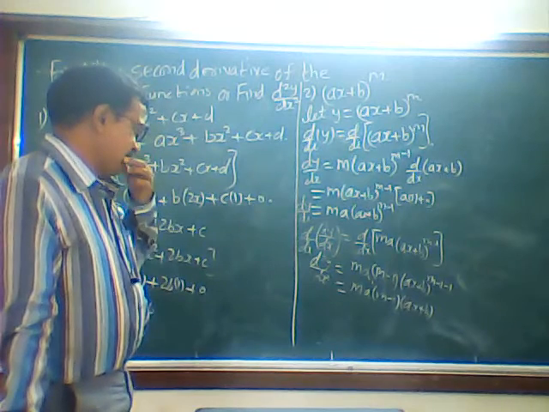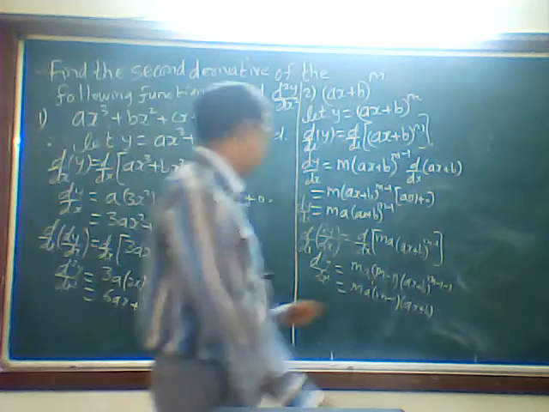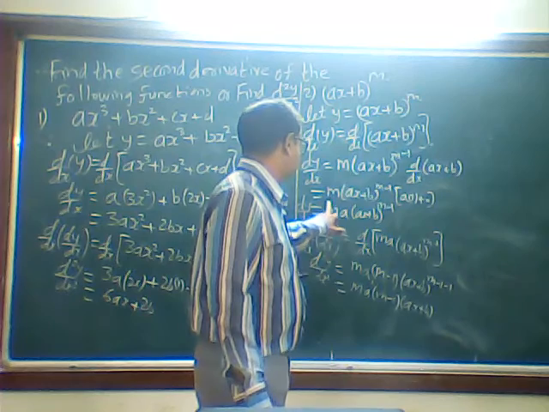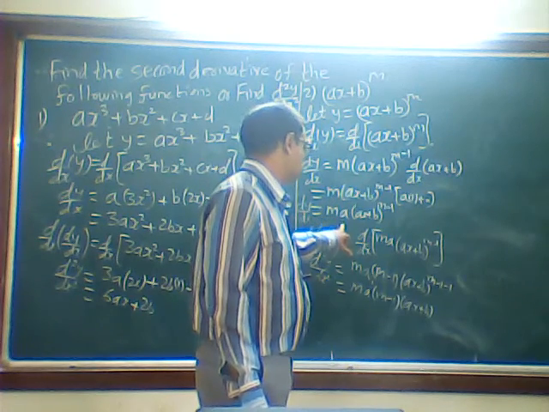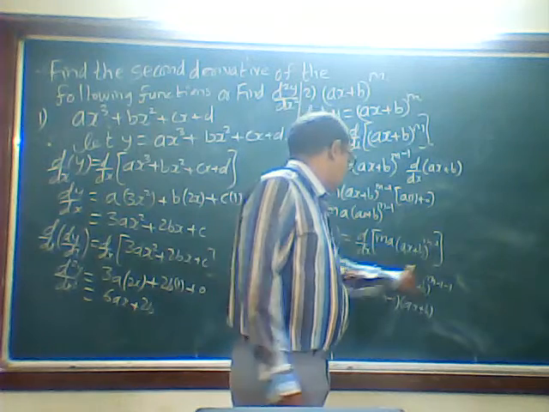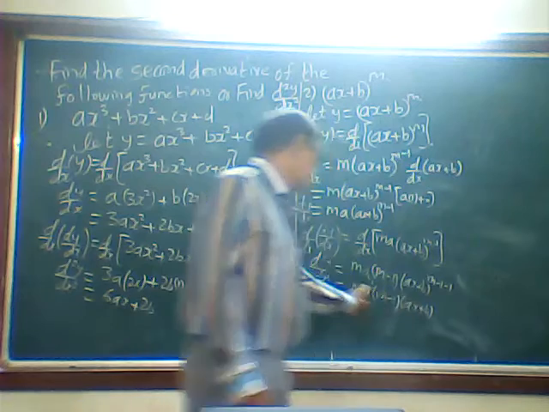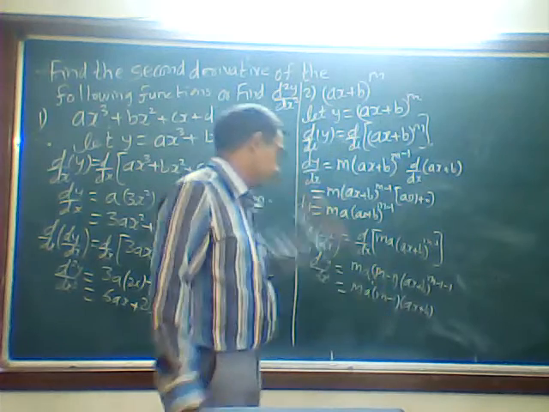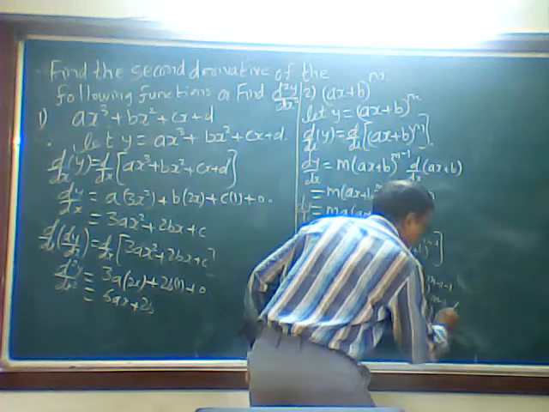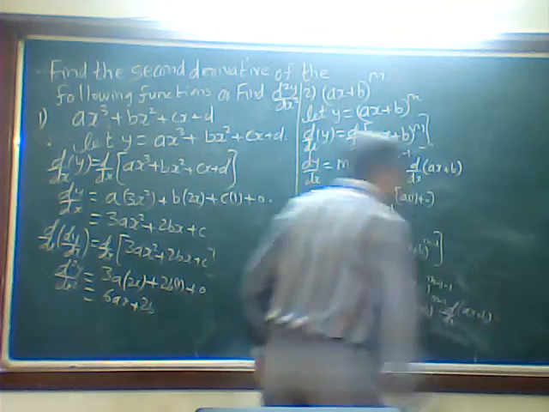I have copied m a and this m minus 1 and a raised to m minus 1 again. Here it will become m minus 2 into d by dx of ax plus b.